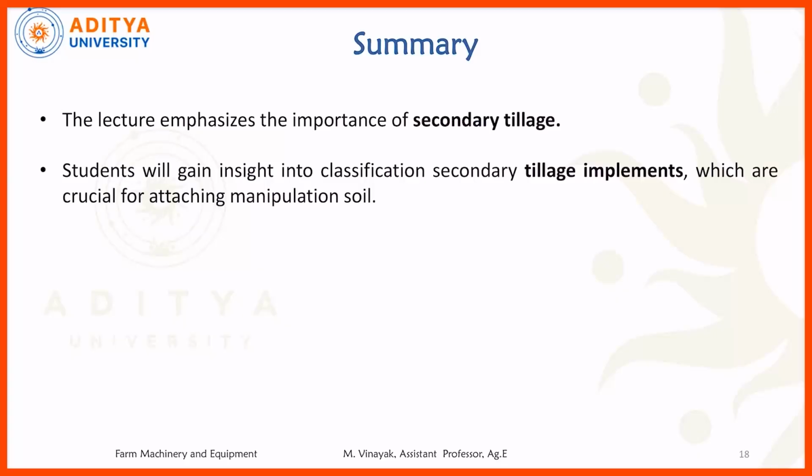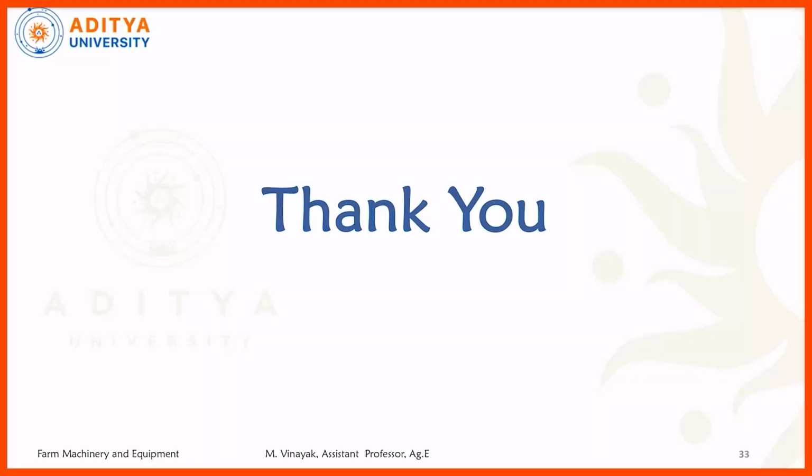Next, the spring tooth harrow, spike tooth harrow, triangular harrow, and ridgers; we have discussed these up to now. Finally, this is the summary of the present lecture. Students will get the classification of tillage as well as secondary tillage implements. In tomorrow's lecture we will discuss cultivators as well as forces acting on tillage. Thank you.